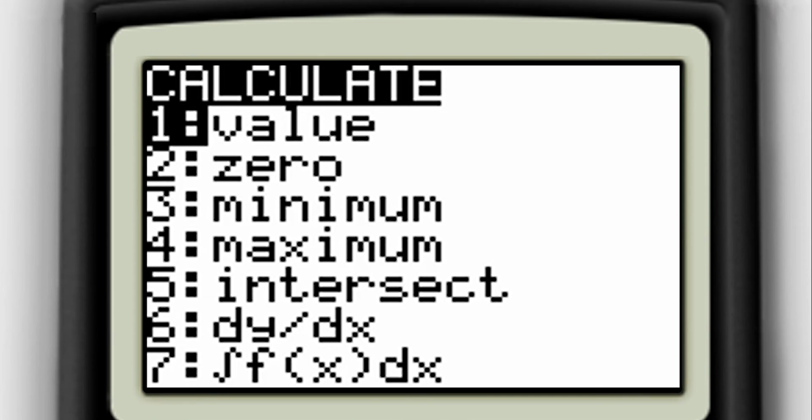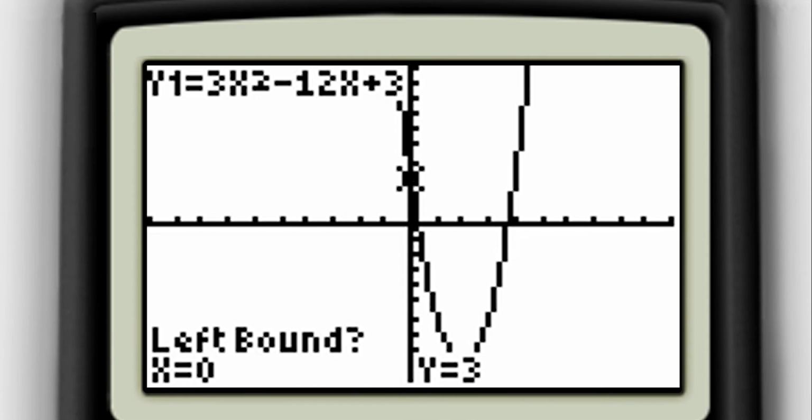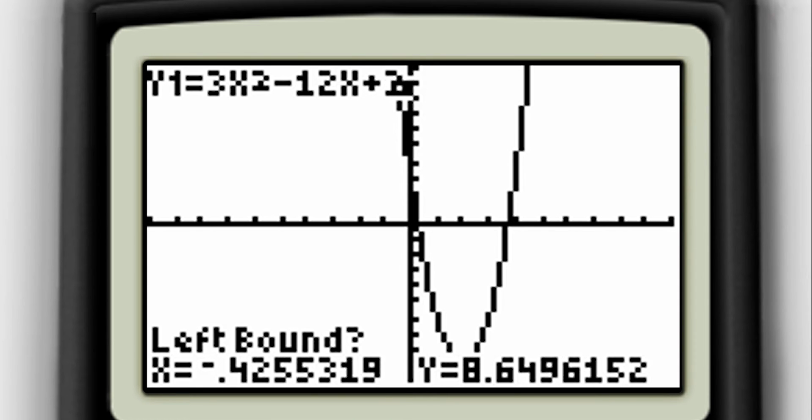I will notice that there is an option that says 0. Now here you'll see that the graphing utility will prompt you to identify a left bound region. So you move your cursor to the left-hand side of what looks like the 0, and remember that the 0 is going to be where we are intersecting the x-axis. So I find a point there, I press enter.